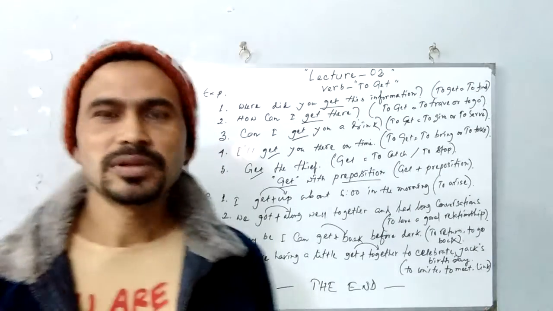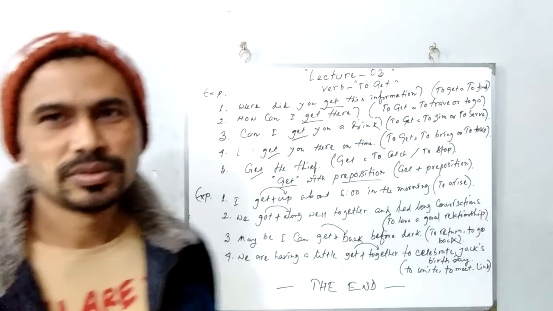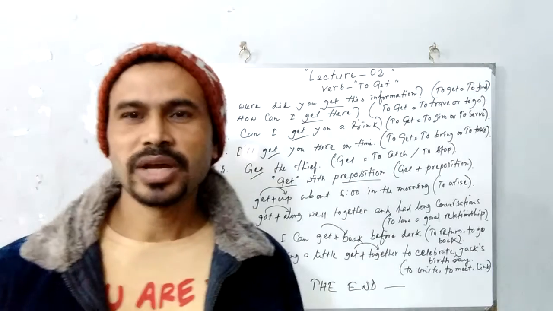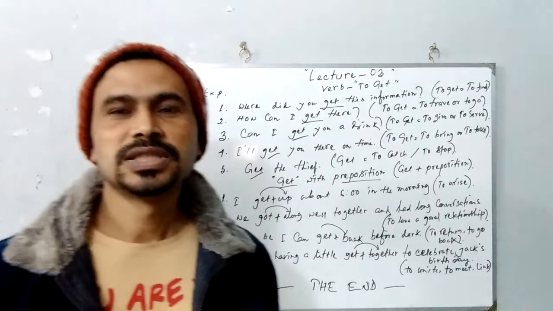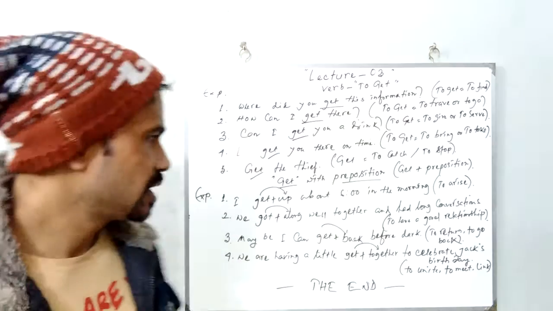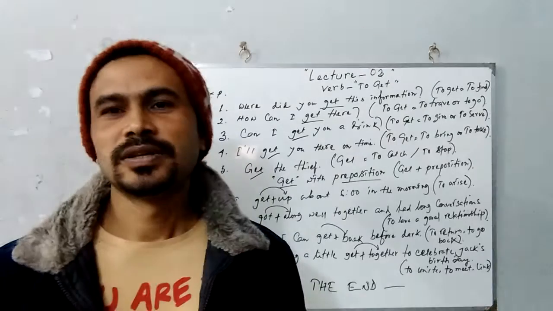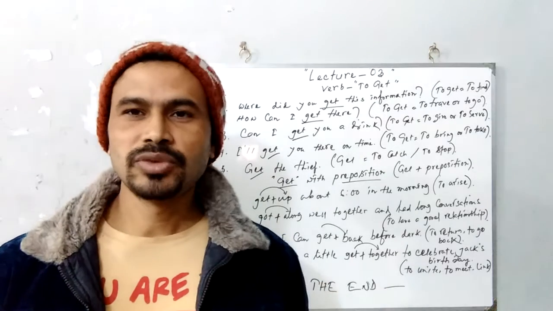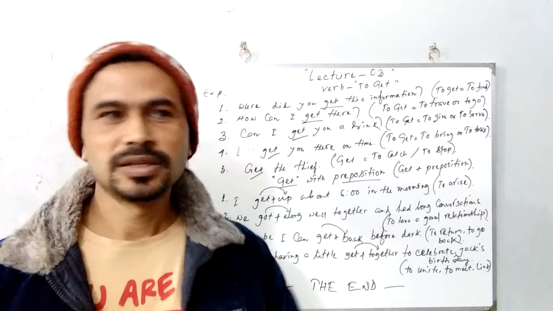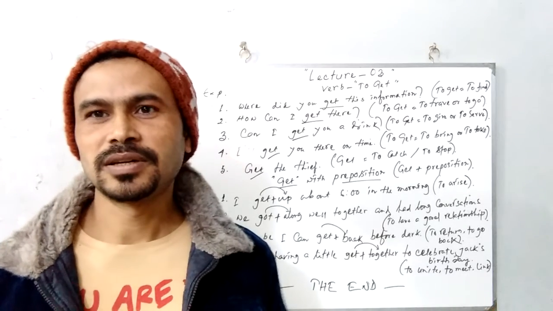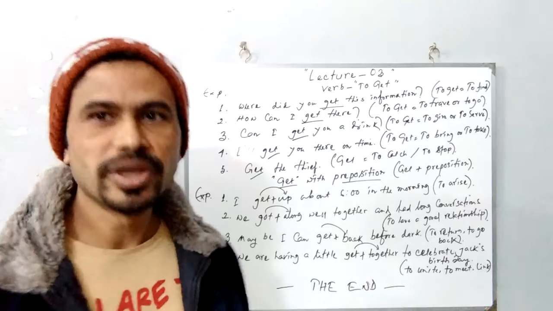So get together means to unite. You have many friends or some friends, and you planned for a party. So friends actually come to this party, and you will meet them. That means get together.